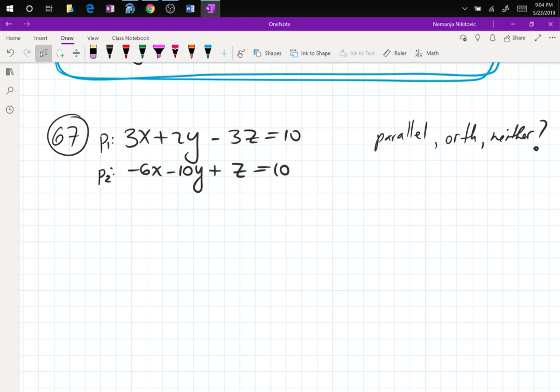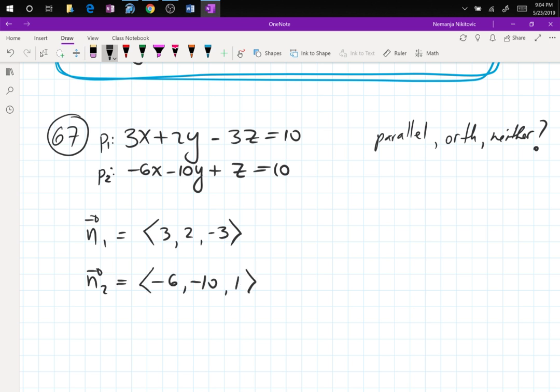So this is a fairly quick problem, right? All we need to do is to fish out n1, which is clearly given, 3, 2, negative 3. That's your A, B, C, right? And then fish out n2 from the second one, negative 6, negative 10, 1. And then, are they constant multiples of each other? No. n1 is not k n2.